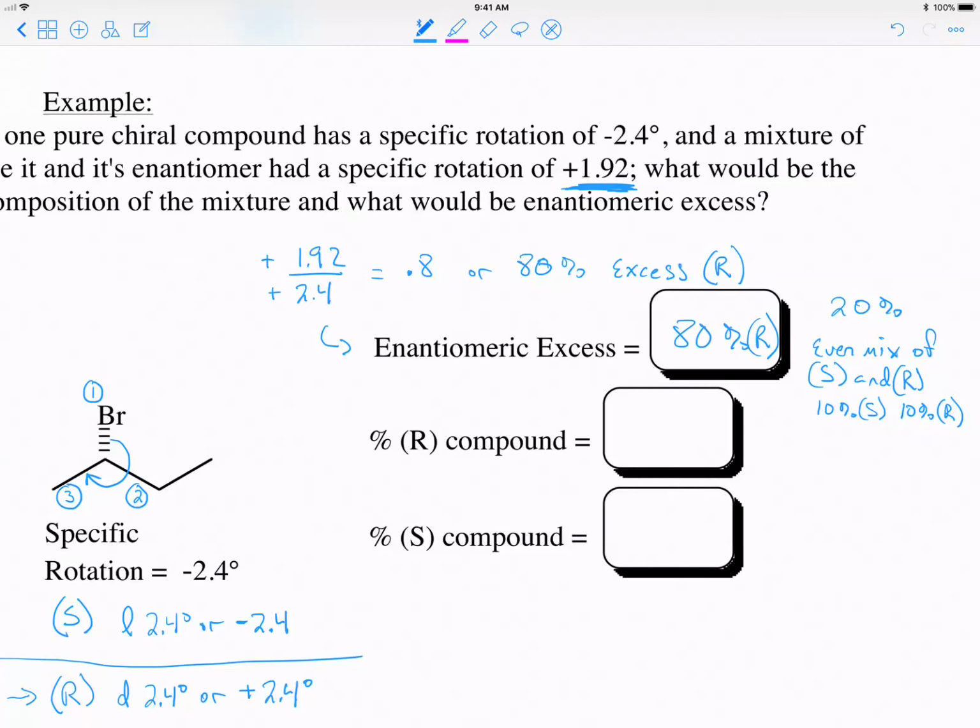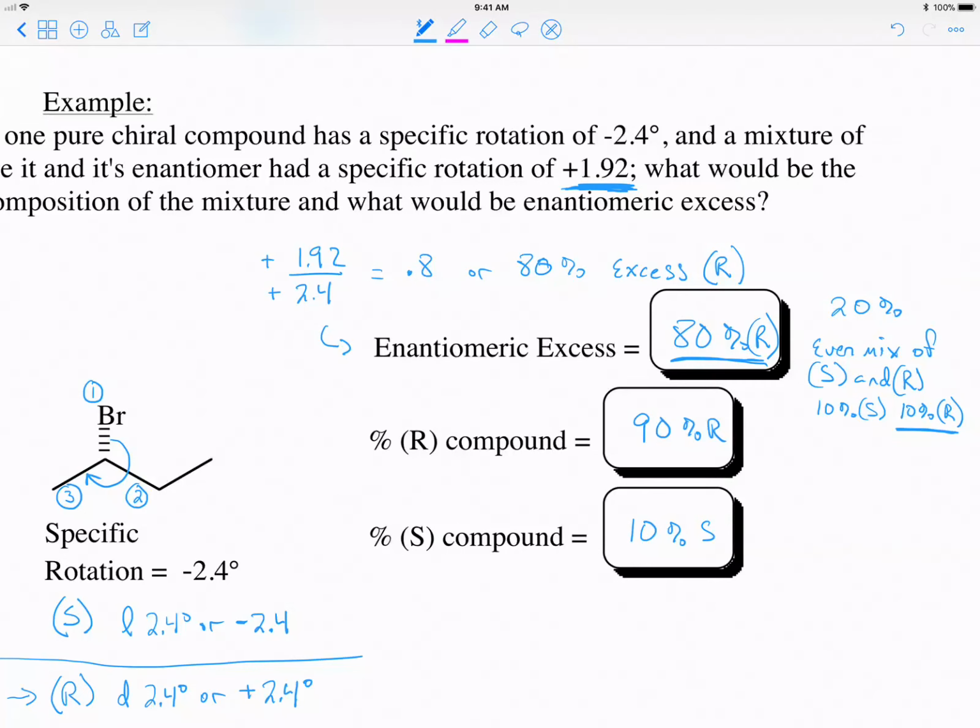So the total amount of the R compound is going to be the 80% that's in excess plus the 10% that canceled out, or 90% of my mixture is the R, and 10% of my mixture is the S compound.